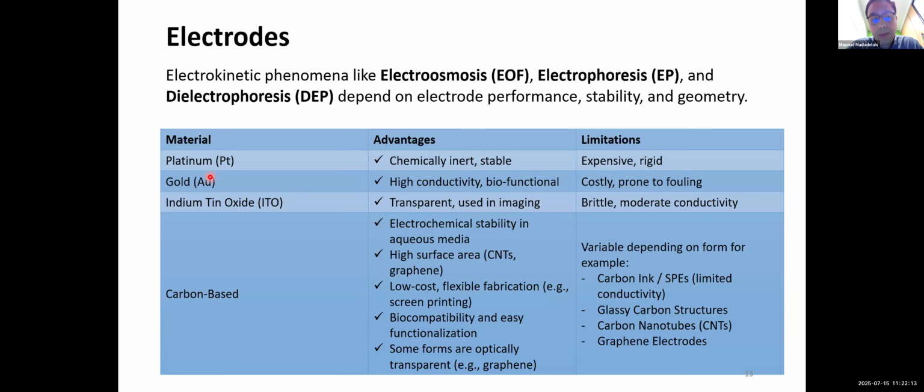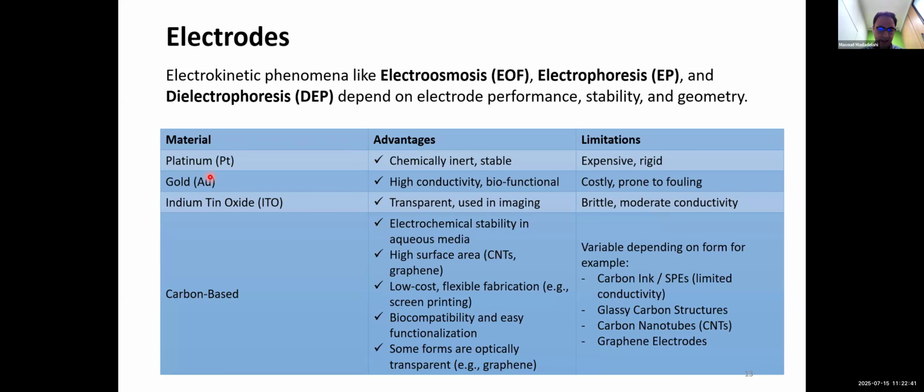For example, platinum and gold, they are very popular electrode materials, but they are very expensive, right? ITO is another candidate, and carbon is another possible material that we can use as electrode in such microfluidic devices.